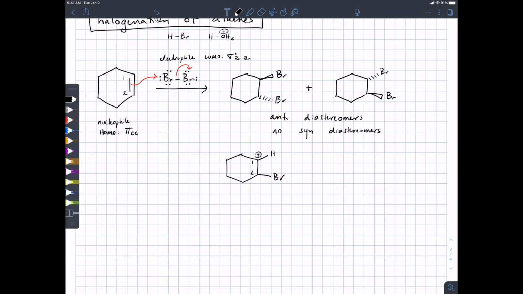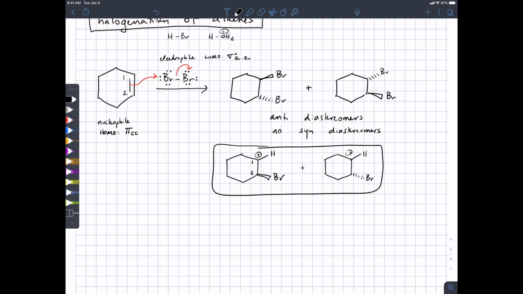And then the other gets the positive charge. But what's the problem with that? Carbocation could get attacked from above or below, right? So this intermediate does not explain the observed stereoselectivity.